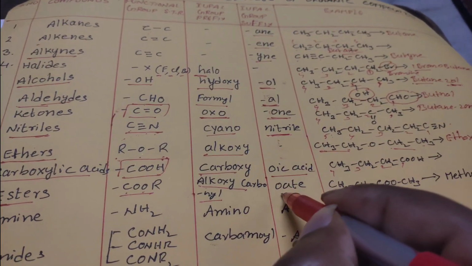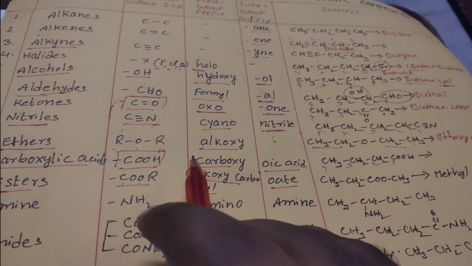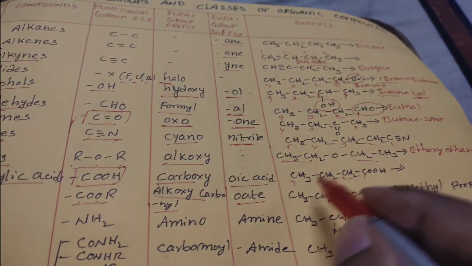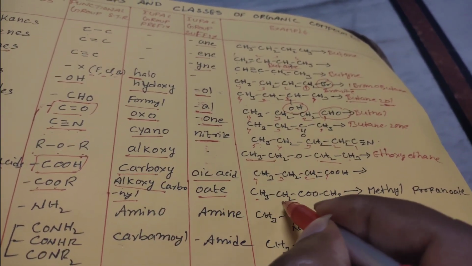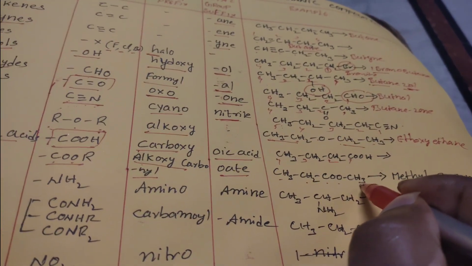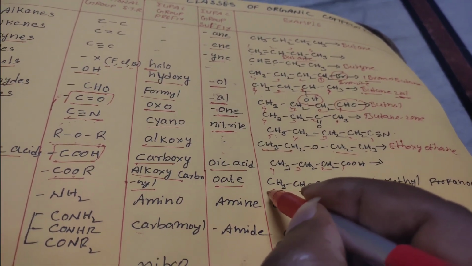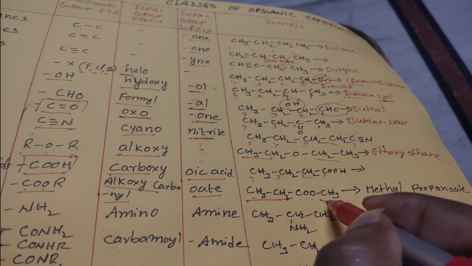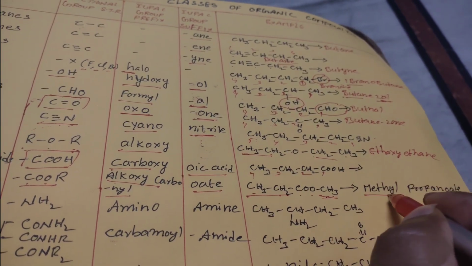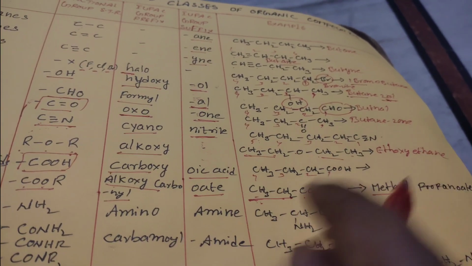When it is present as a suffix, we call it oate. For example, here I am writing one of the structures, CH3, CH2, COO, CH3, methyl propanoate. As per alphabetical order, M is first, that's why I am writing methyl, and P is next, that's why I am writing propanoate, methyl propanoate.